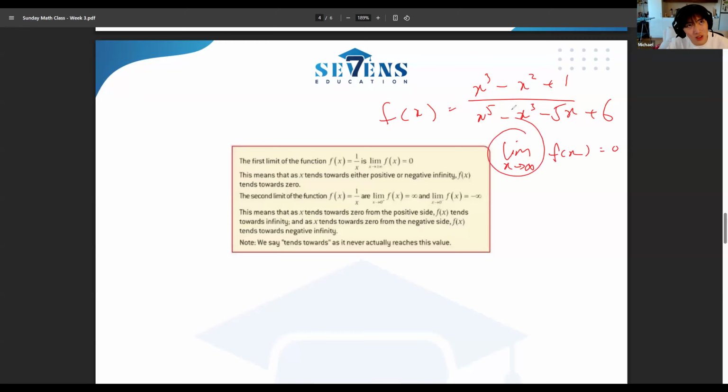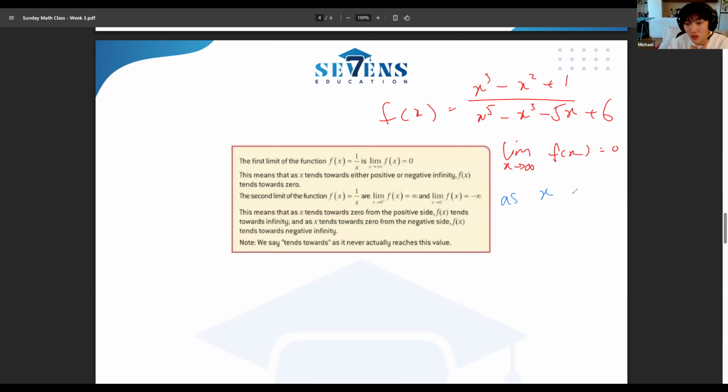Oh, lim means this is like a condition. This is saying what happens to f(x) as x gets very big. What happens to f(x) as x gets very big? Oh, f(x) goes to 0. So lim f(x) equals 0. Does that make sense? Yeah. Another more intuitive way of saying this is using plain language.